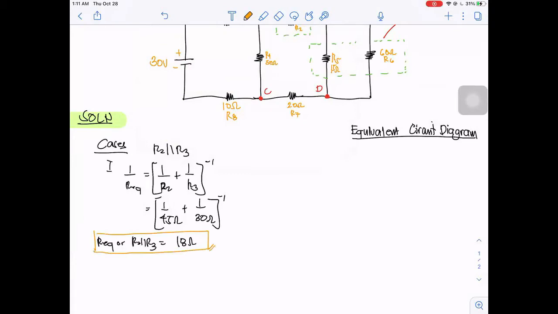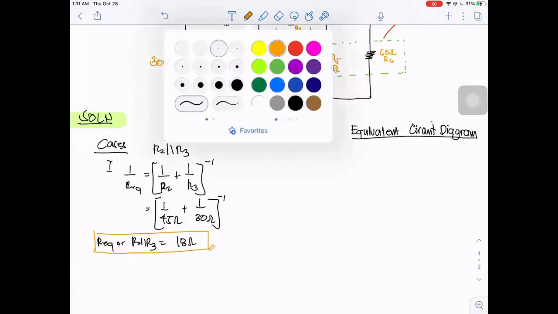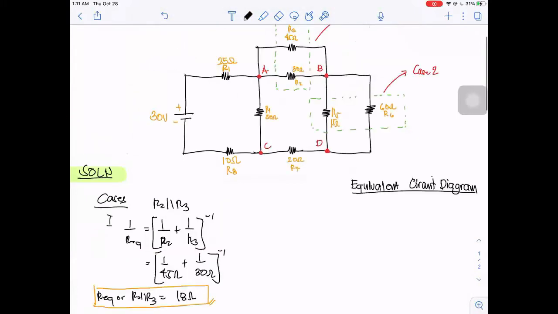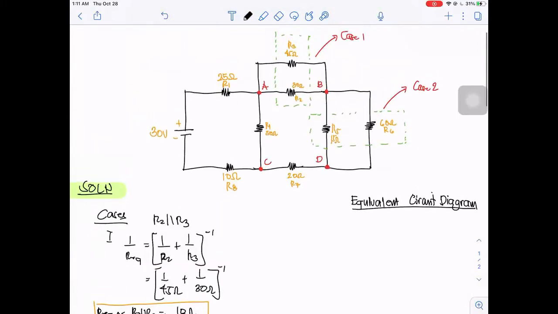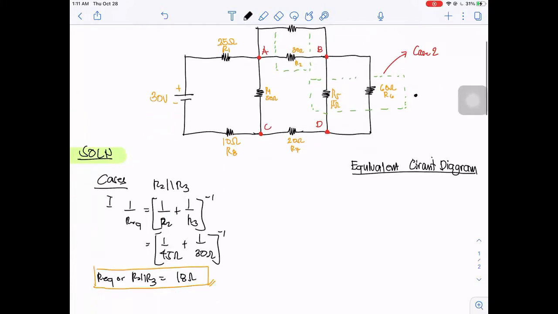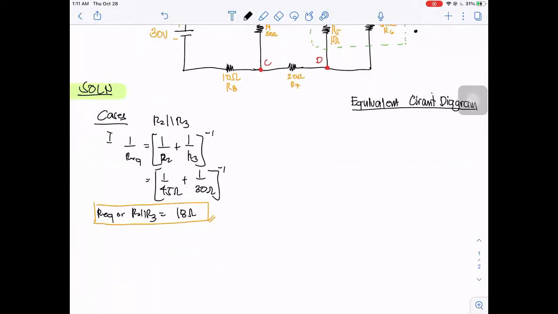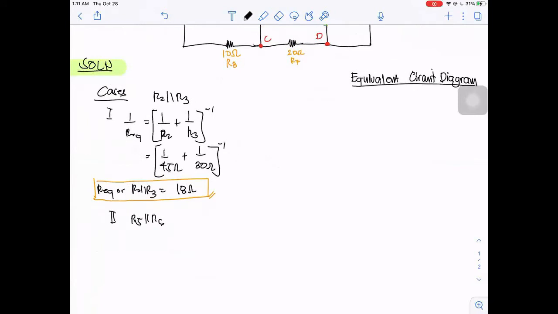Next, we will solve for case number 2. Case number 2 is R5 parallel R6. In the same manner, we will have the equivalent resistance.